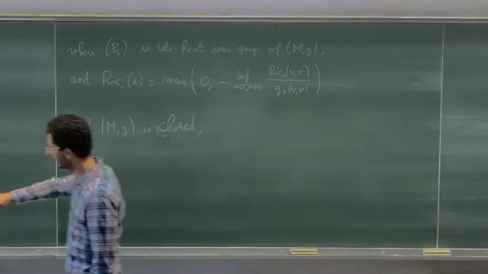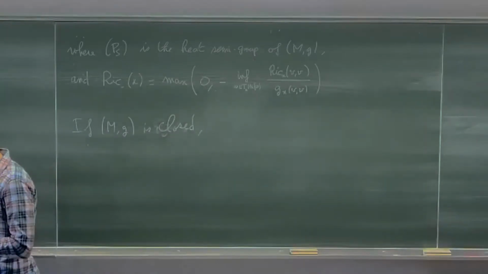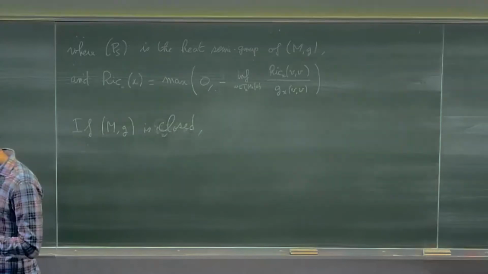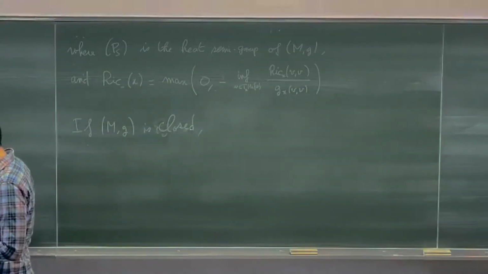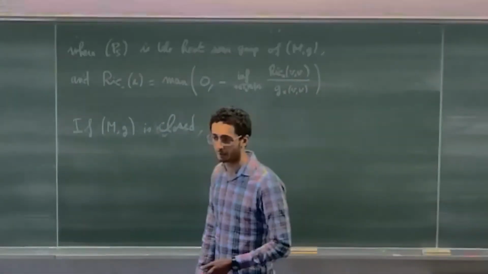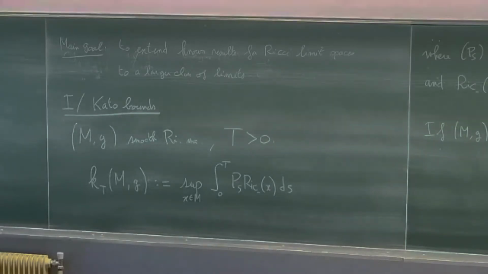You apply to it P_s, which preserves this bound, so you get a uniformly bounded function, uniformly with respect to s. So what you get is that this quantity is lower than a constant times T, and so when T goes to 0, this goes to 0. So K_T(M) goes to 0 if M is closed.